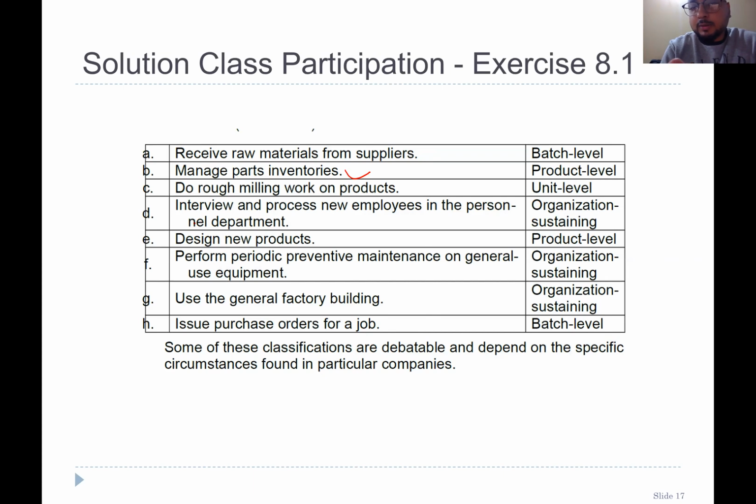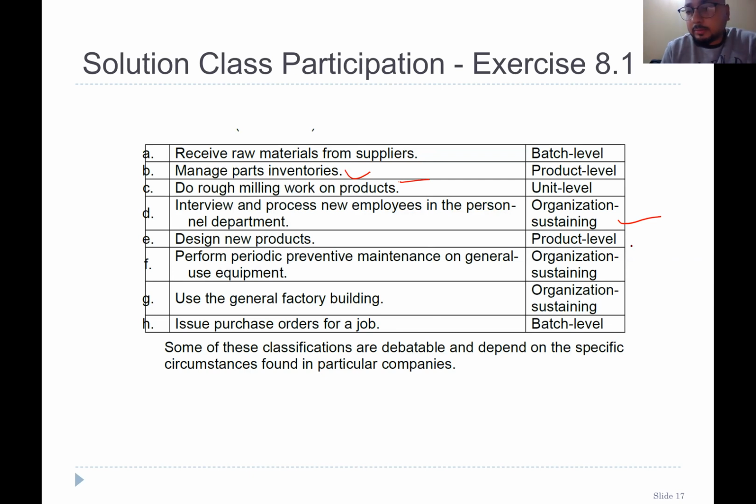Do rough billing works on products, unit level. Interview and process new employees, of course, organization sustainability. If we hire smart people for the right job, right people for the right job, of course, this is for organization sustainable activity. It doesn't belong to any production stuff.